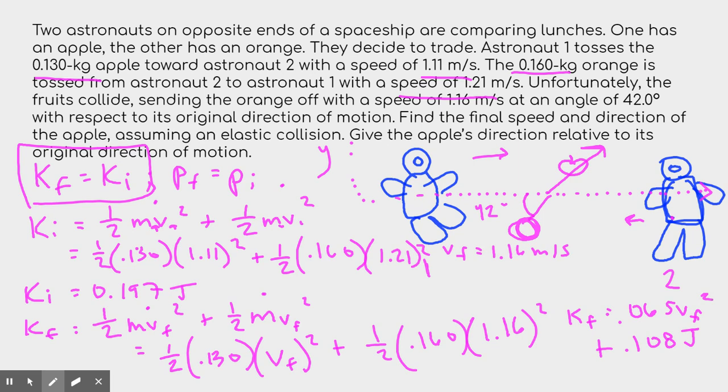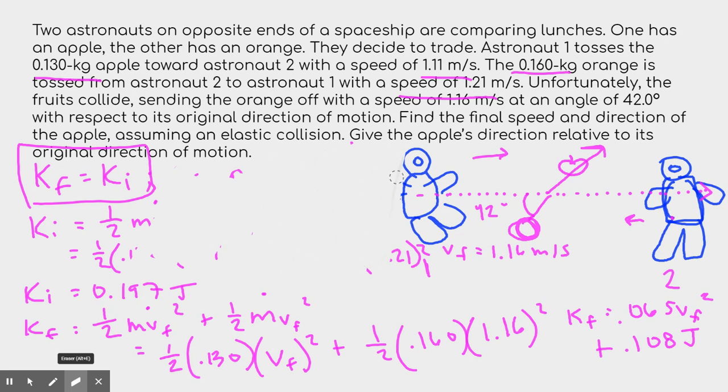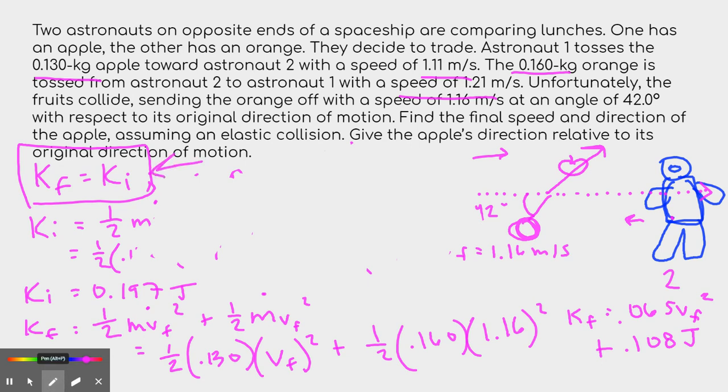Okay. Now, because this is an elastic problem, and I have to erase more again. I hate having to erase all of this stuff. Since we know this to be true, we know that the initial and the final kinetic energies are the same.